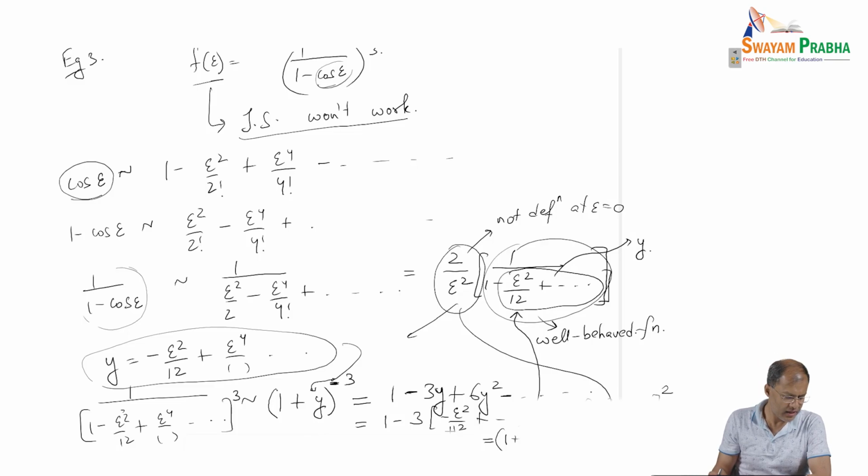So 2 by epsilon square, right? So that is what we have. Okay, so then we had a cube sitting, so it had to be 2 by epsilon square to the power 3. So let me now recap everything and write down the final answer to this problem.